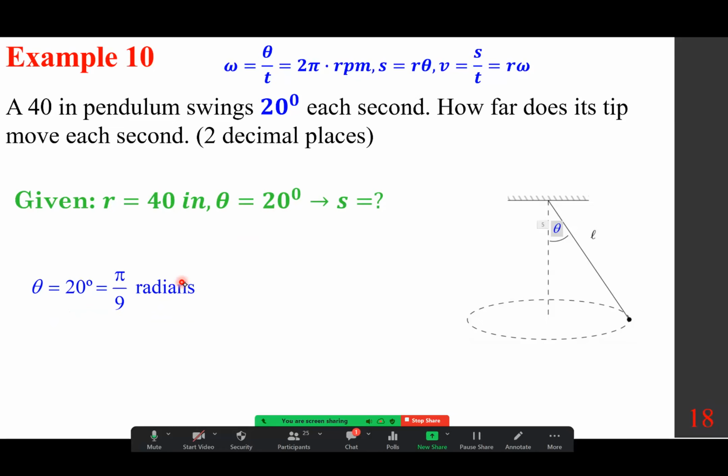S equals R theta, so 40 pi over 9 is an exact answer, everybody. And then we go with however many decimals they ask. Again, bear in mind, you have to go to the 3rd decimal to make a decision, so make sure you have many decimals, then you make a decision. And the units are the units of R, the units of the radius, therefore inches.